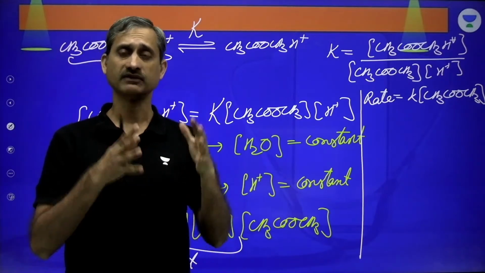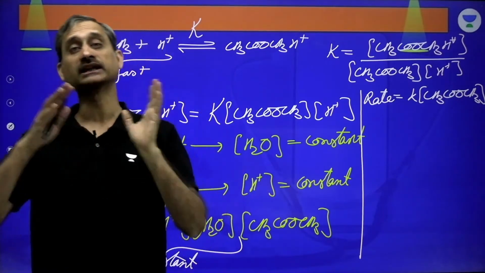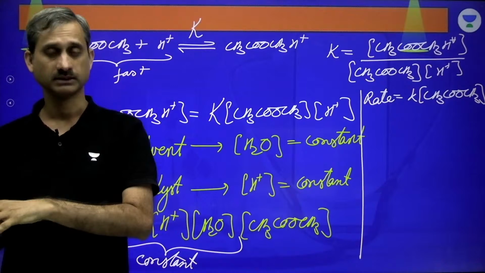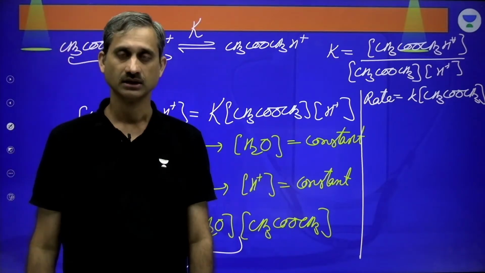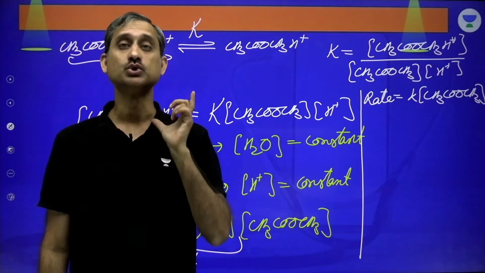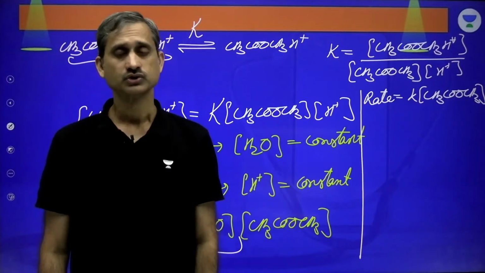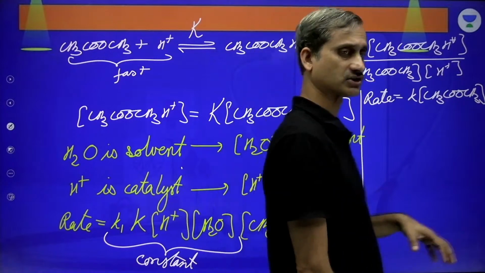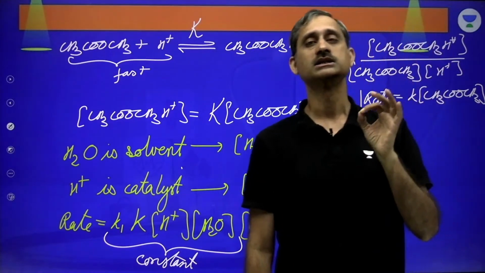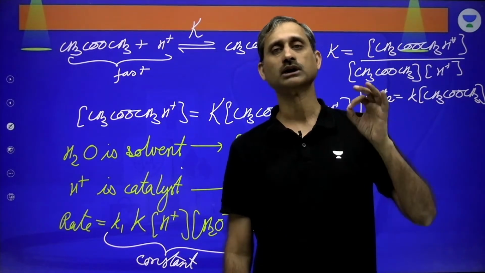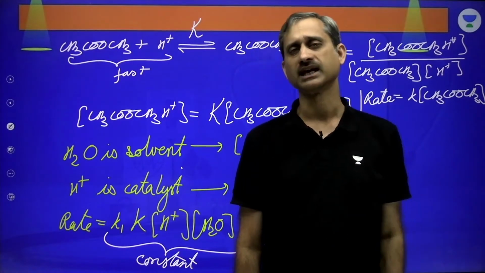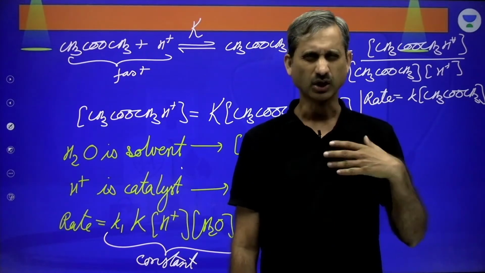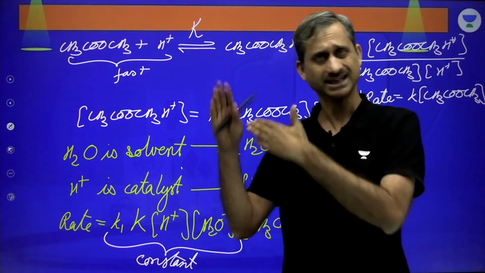So if a species behaves as what it is not, behaves as a different species, it's termed as pseudo. So this is not actually a unimolecular reaction, but it behaves as a unimolecular reaction, so it is termed a pseudo unimolecular reaction, and books say pseudo first order reaction. Although I don't like the word pseudo first order, this is the first order reaction.